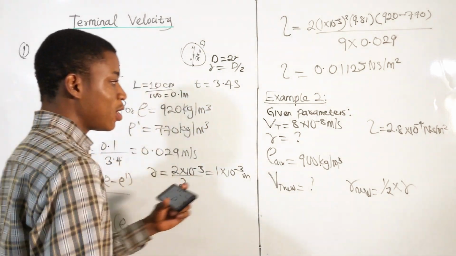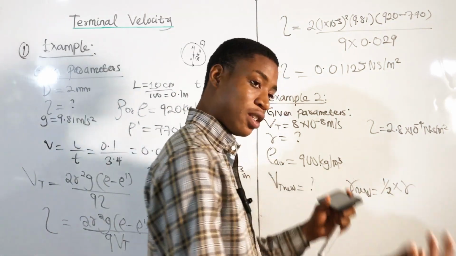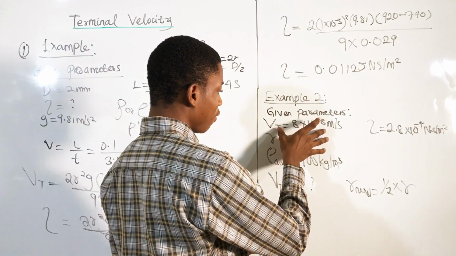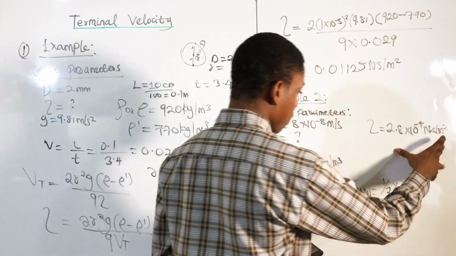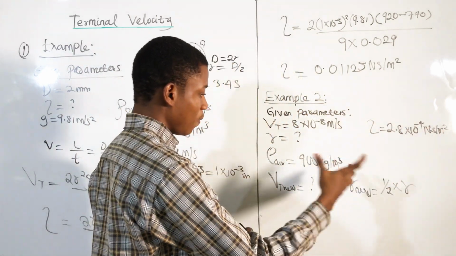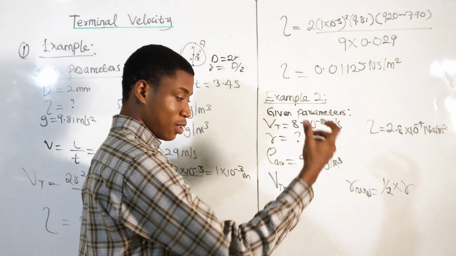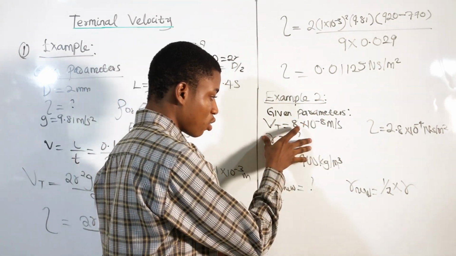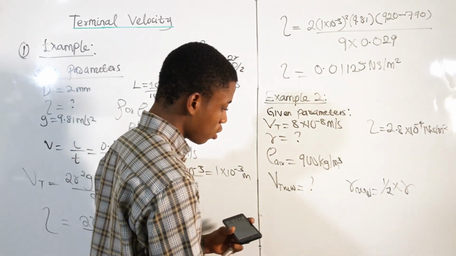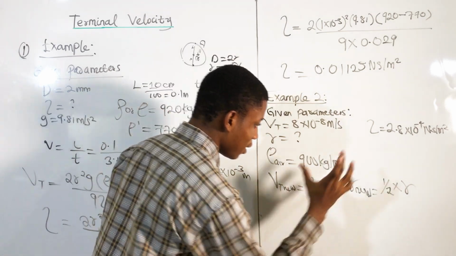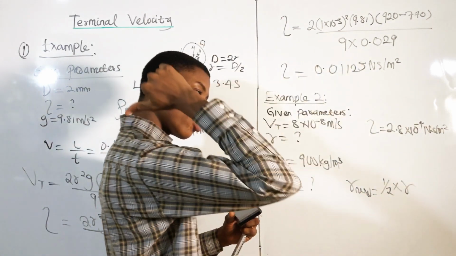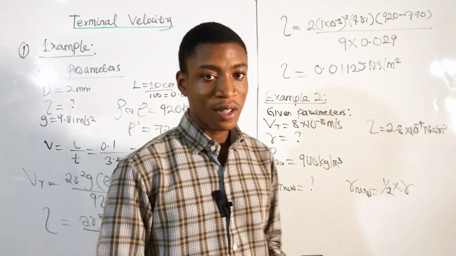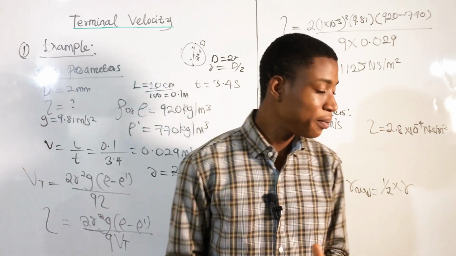The way I illustrate it is a very easy thing. In this question, we're given the terminal velocity, the coefficient of viscosity, and the density of air, which is the medium at which it falls. But first we find the radius. After I look for the radius, we'll calculate the new radius, which is half the old radius. Then we'll calculate the new terminal velocity. A very clear and easy concept.